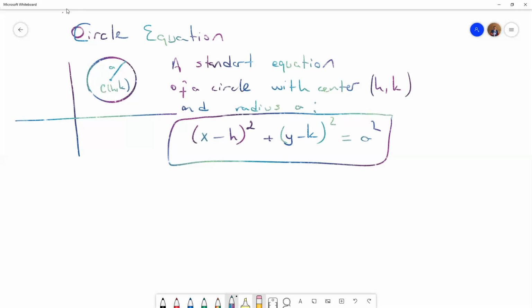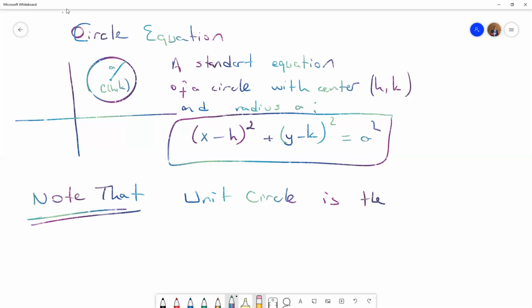And you know, unit circle is the equation centered at the origin.